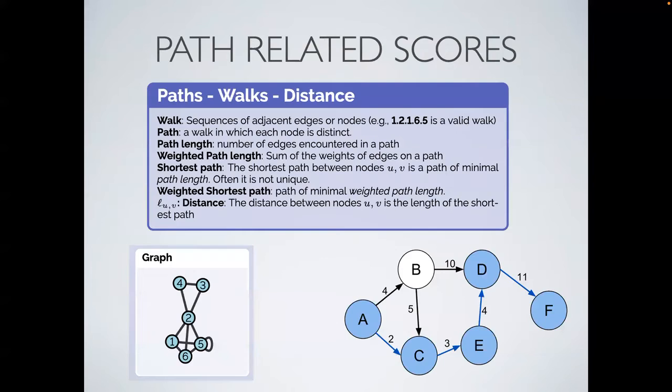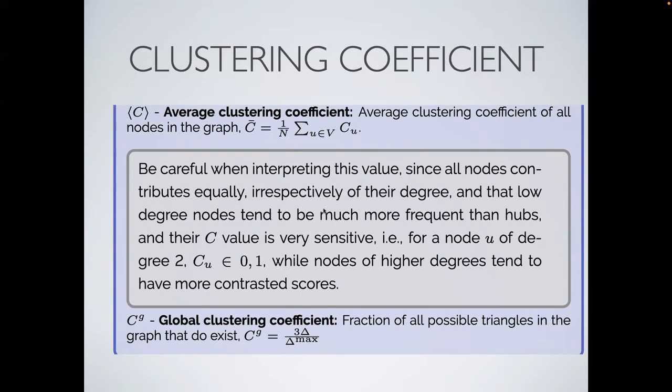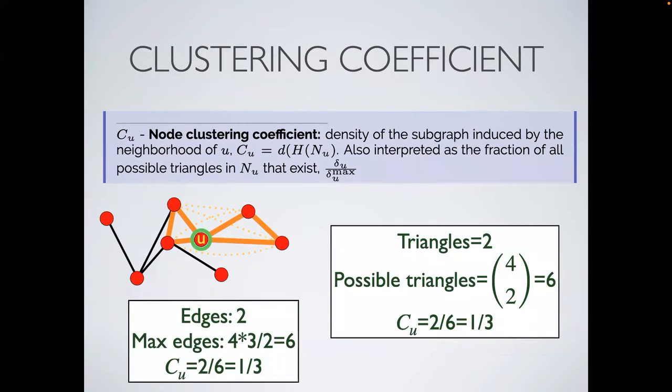So be careful. I don't know if I wrote it somewhere else, maybe not. Be careful when interpreting the value of the average clustering coefficient, because the problem is that when you have nodes with a small degree, only 2 nodes, for instance, if you have a node that has only 2 connections, then its clustering coefficient is either 1 or 0.